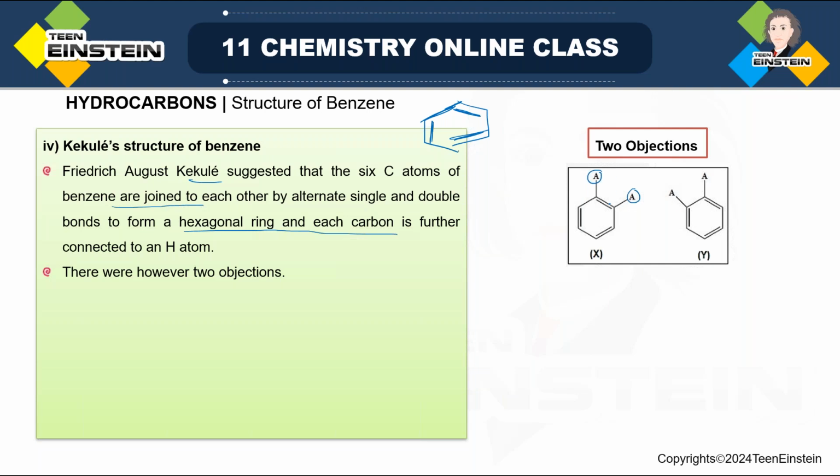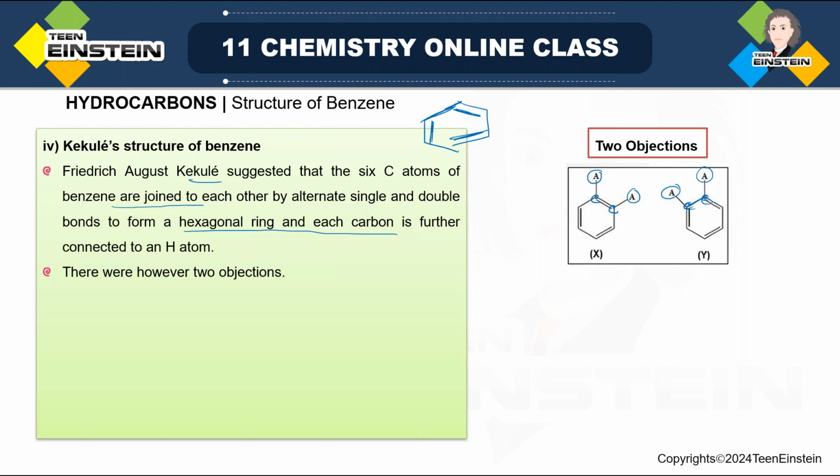When it is X format, in between these 2 carbons to which the 2 groups are attached, there may be a double bond. Or the substitution can be another way, where in between these 2 carbons I am highlighting, because these 2 are attached to a group, there is a single bond present.